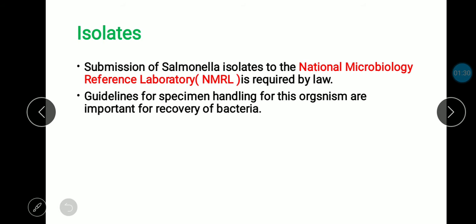If it is not completed carefully, then the recovery of bacteria is not possible. Hence, guidelines for specimen handling for this organism are important for recovery of bacteria.